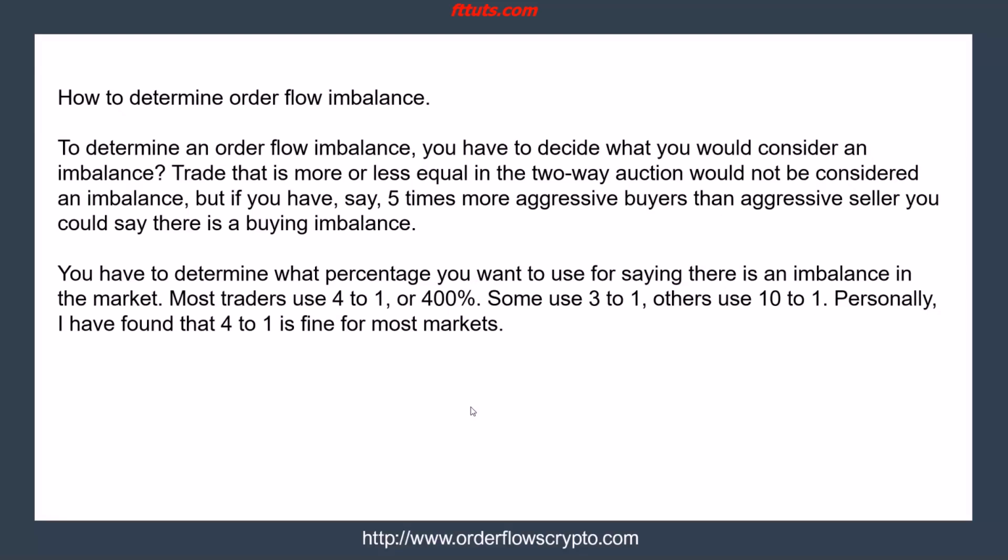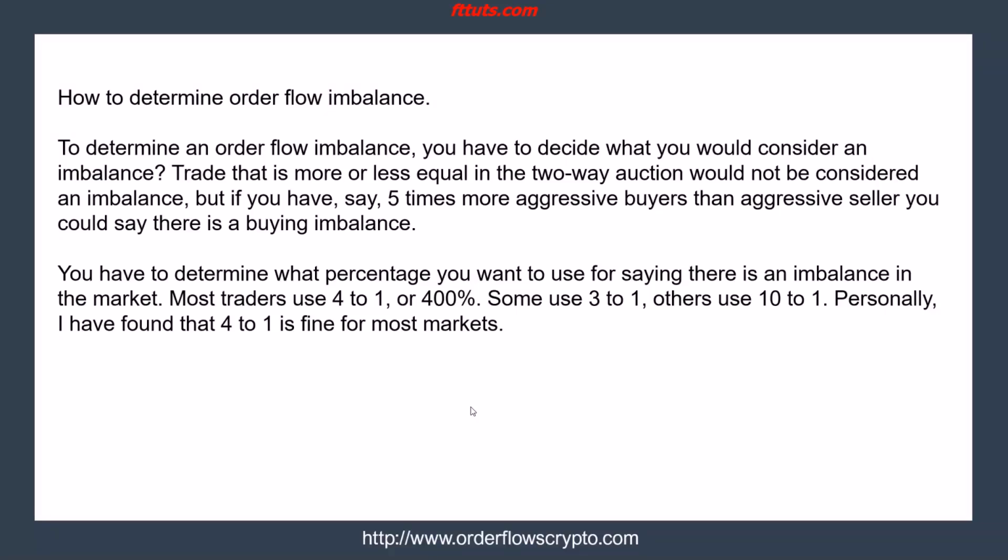That's the most commonly used percentage. Some people use 3-1. I know even some people that use 2.5-1. Other traders I know that like to blow it out, they use 10-1. Personally, I found that 4-1 is fine for most markets, whether it's crypto or stocks or even futures. Okay, 4-1 should be at least your starting point. You can always refine it.